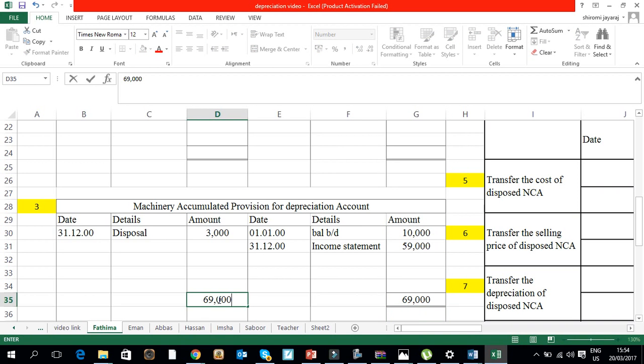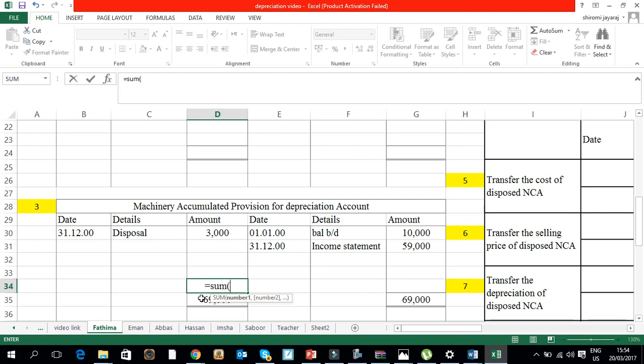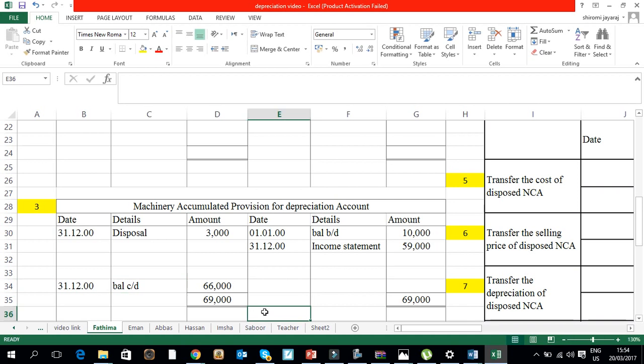Bring the same value here and find the difference. So the difference between 69,000 and 3,000 is 66,000, which is at 31st 12 2000 as balance carried down. And then 2001 as balance brought down, which gives a value of 66,000.